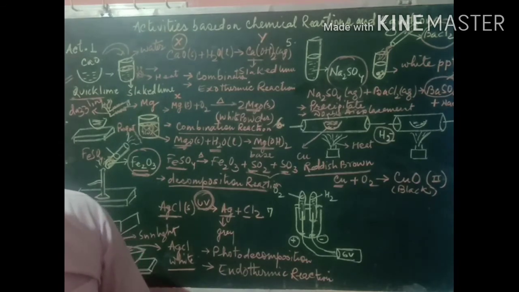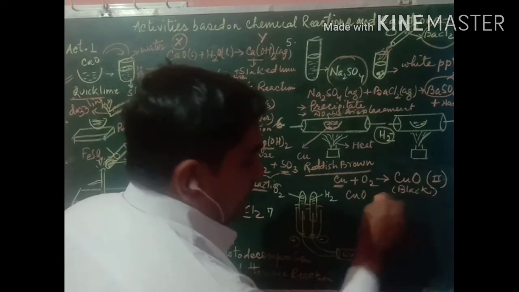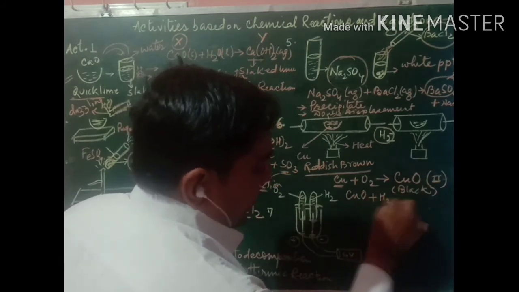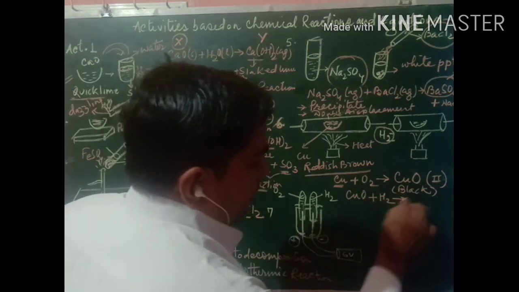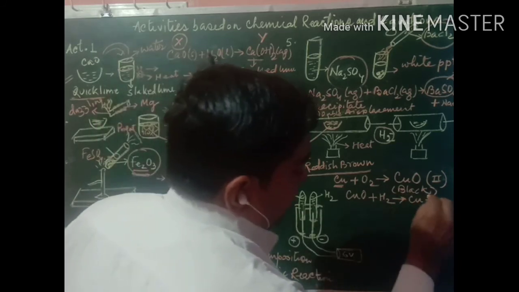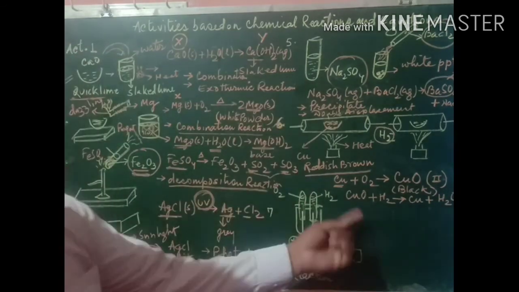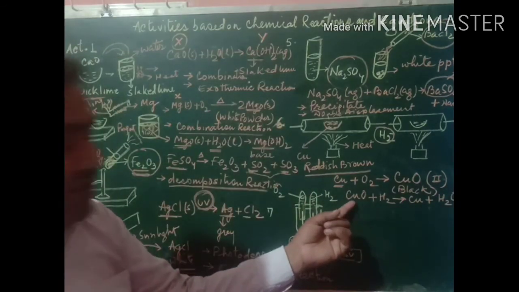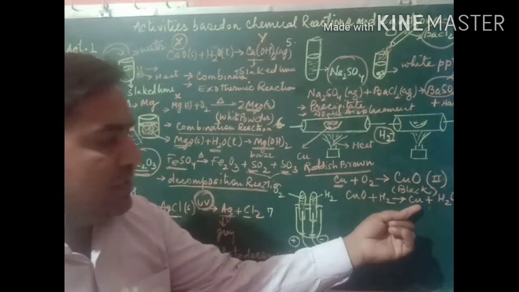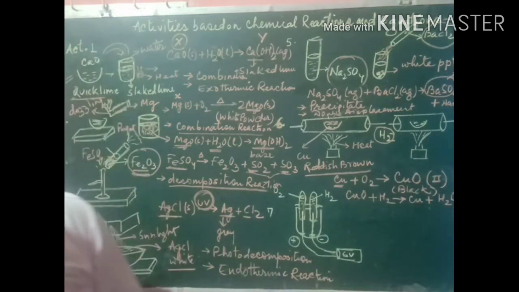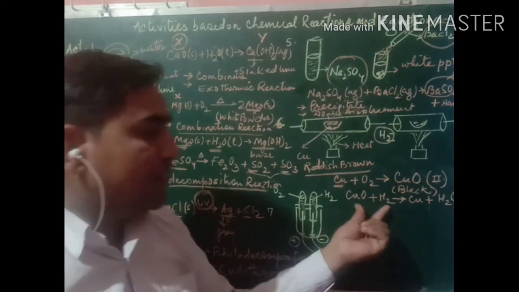Copper oxide, which is black as I have mentioned here, forms copper and H2O when hydrogen gas is passed over it. So you can say that this is a type of redox reaction.